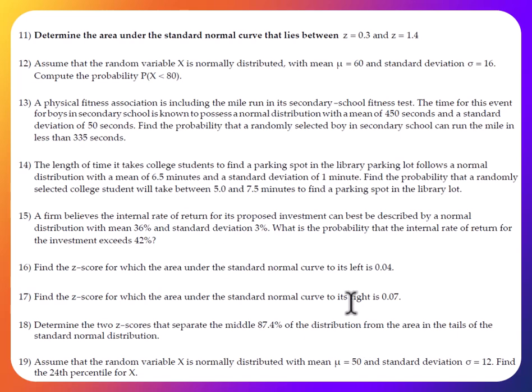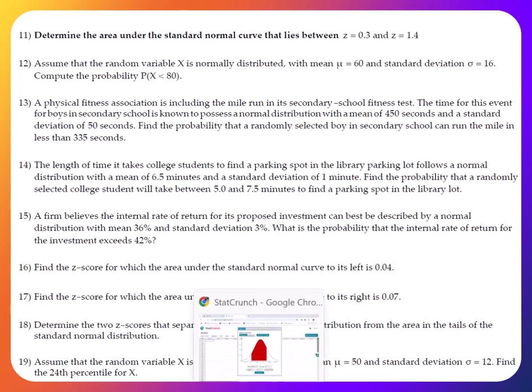Number 15, a firm believes that the internal rate of return for its proposed investment can be best described by a normal distribution with a mean of 36% and standard deviation of 3%. What's the probability that the internal rate of return from the investment exceeds 42%? Exceeds means more. So we'll just go to StatCrunch and do it right there.